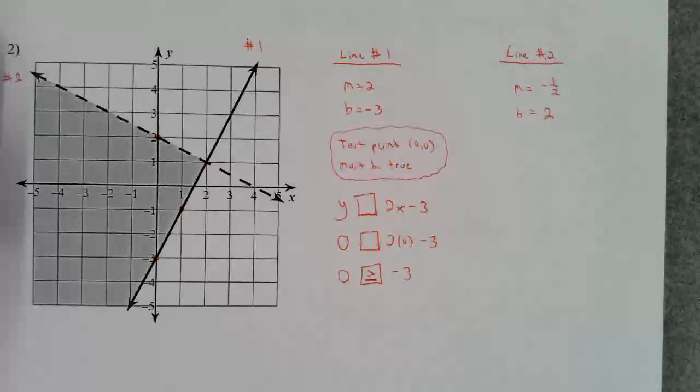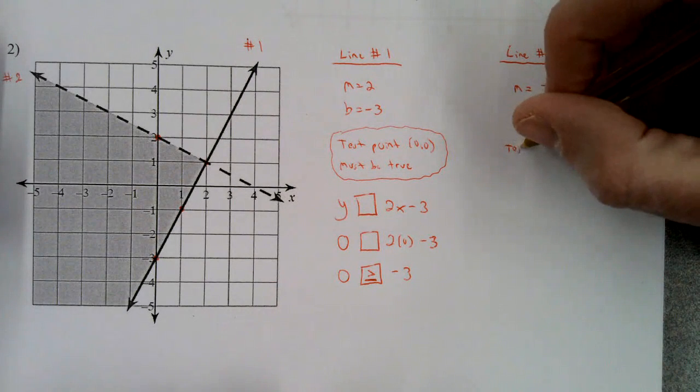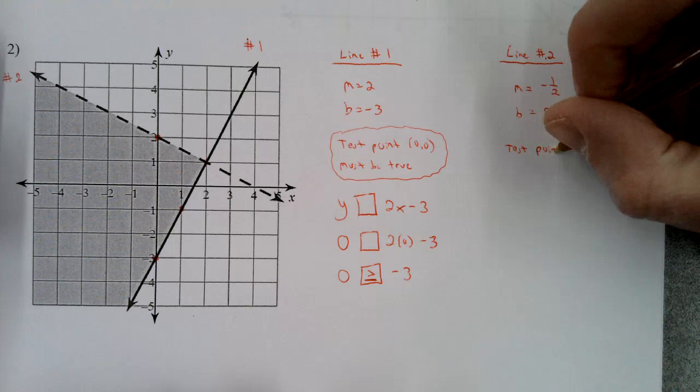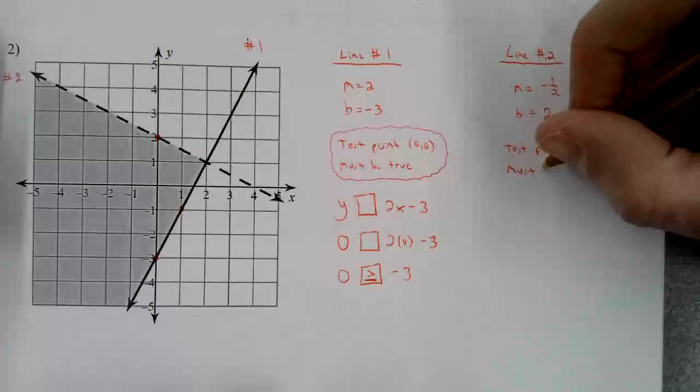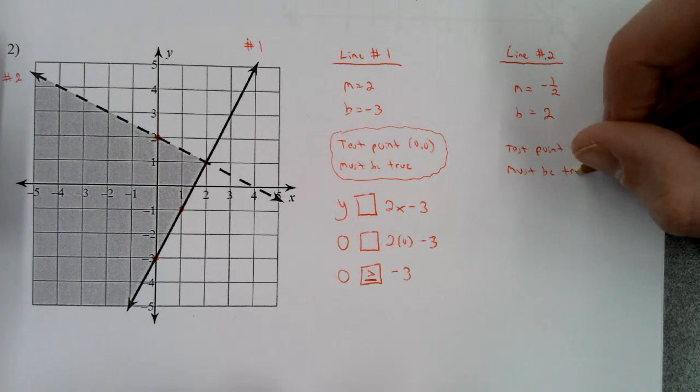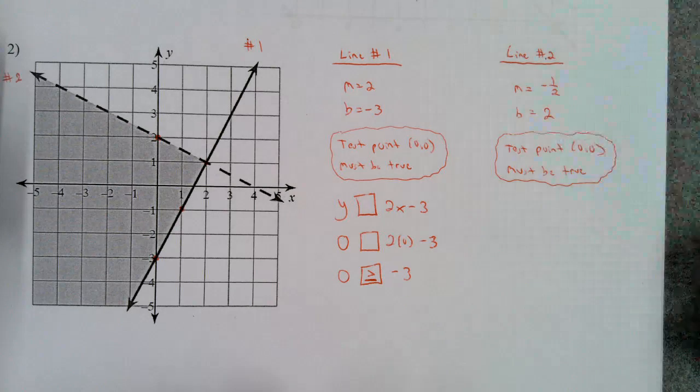Let's use the same test point. Let's use 0, 0, just because that's the easiest one. Must be true. You don't have to write that out. I'm just doing that so you know what I'm doing.